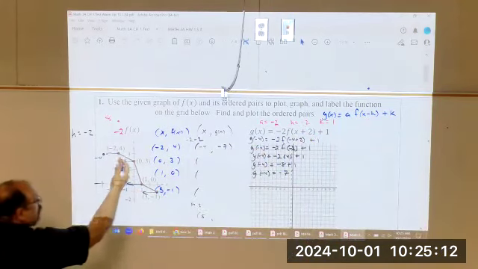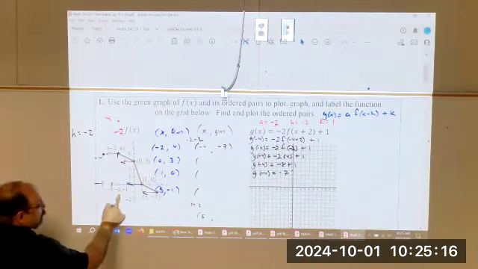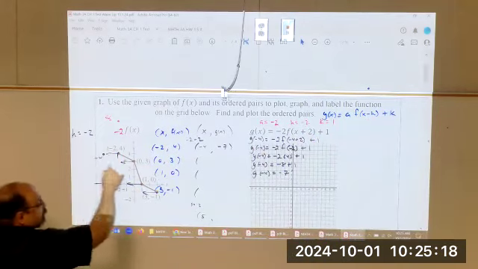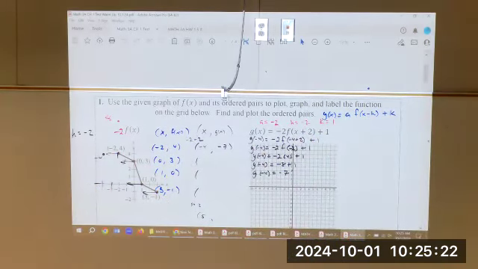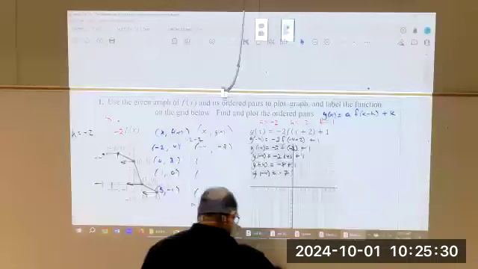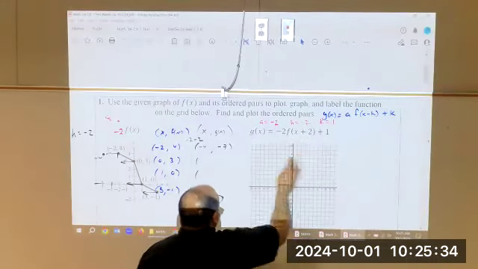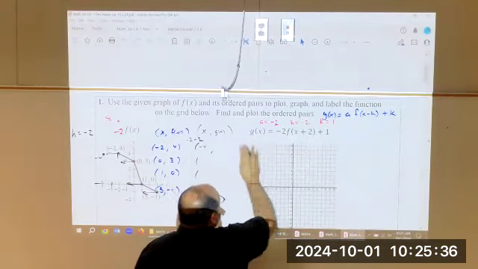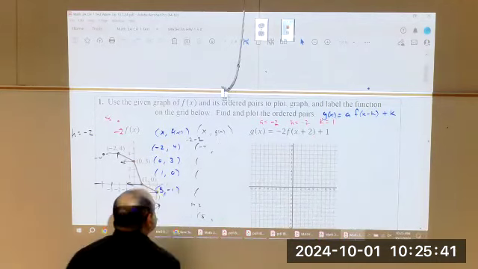These x's are going 2 to the left. So since this was at negative 2, 2 to the left means we're going to plug in negative 4. That's the x coordinate that we're going to plot. Now you don't have to do this to get to y. I'll show you how to do y in a minute. I saw the work you forgot. But it is going to be negative 7. Don't forget it. It's going to be a negative 7.